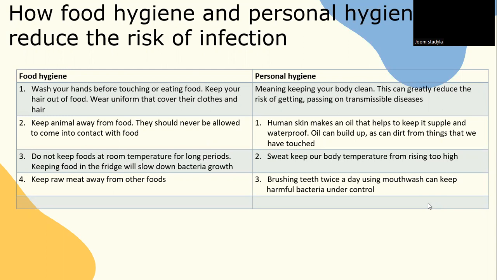Sweat keeps our body temperature from rising too high. You should brush your teeth twice a day or use mouthwash, which keeps harmful bacteria under control. And finally, make sure your surroundings, your bed, your bed sheets, and everything are in a clean condition.